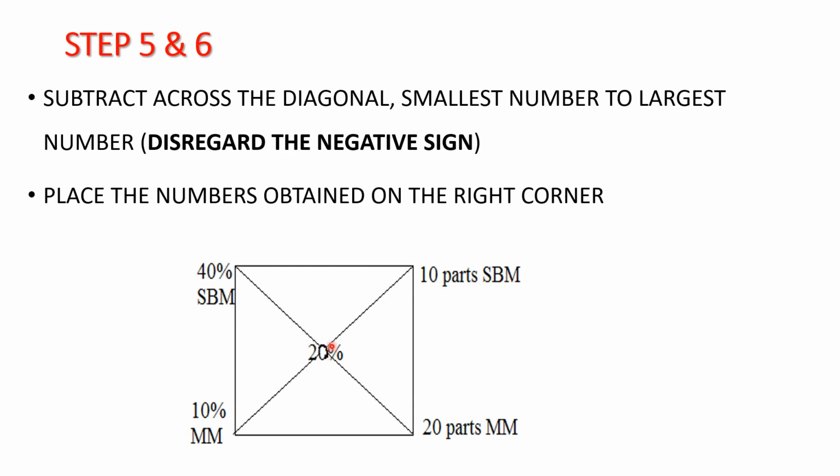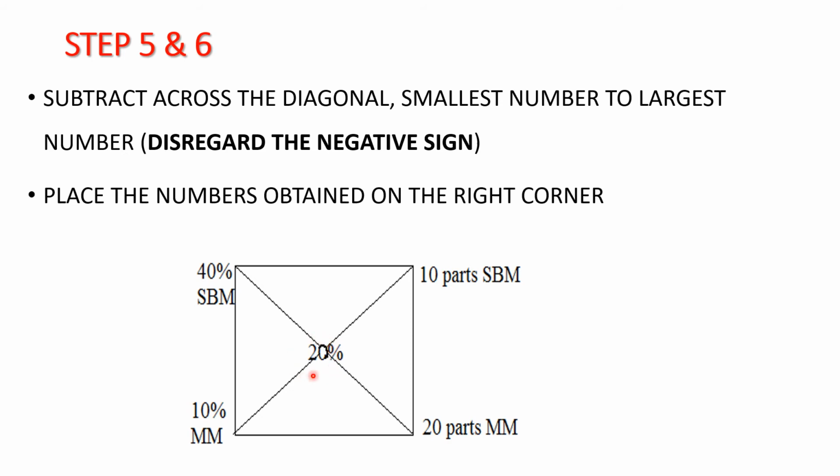Why? The mixture here of 20% crude protein will be a mixture of the two feedstuffs presented in the example. The mixture will contain part soybean meal and part maize meal.